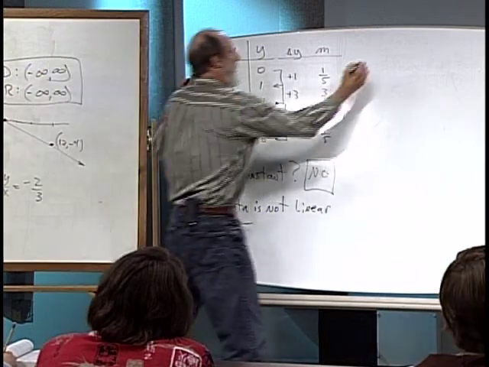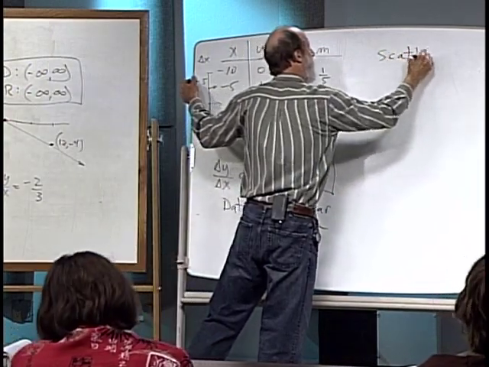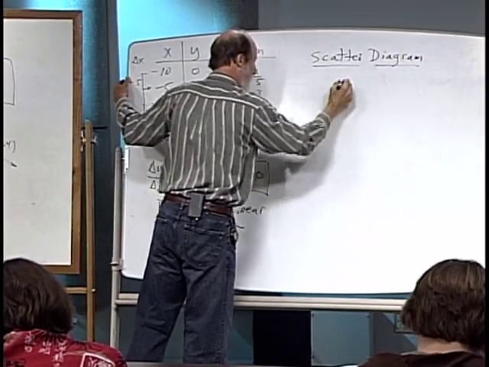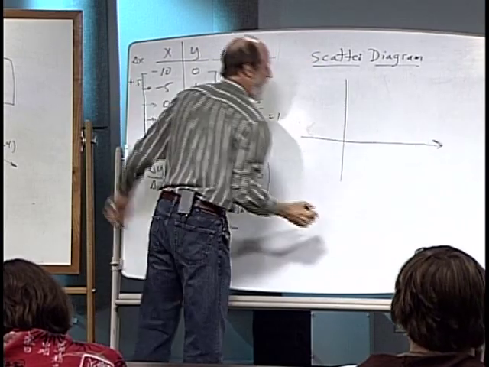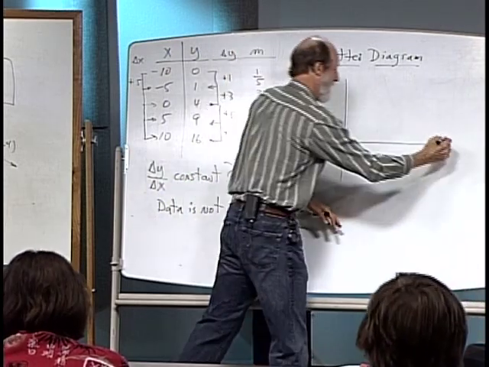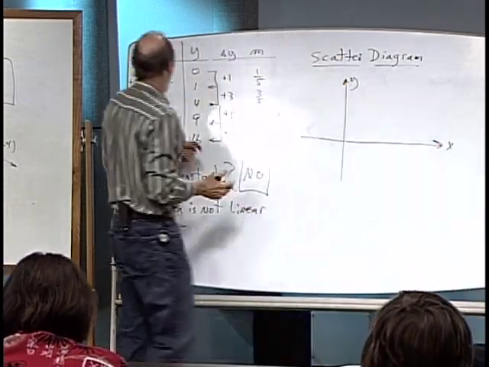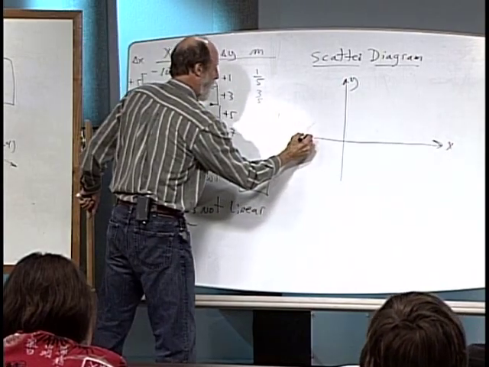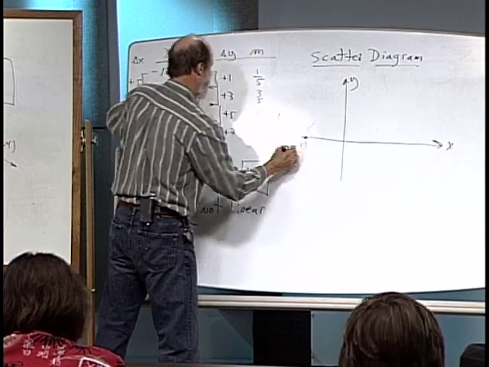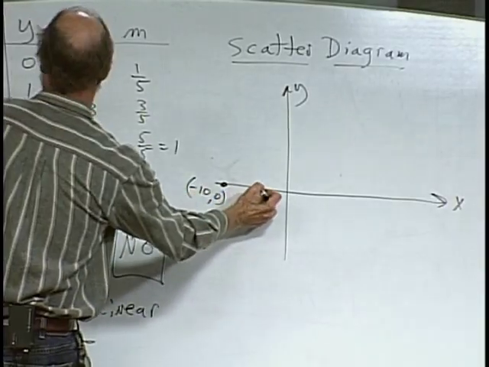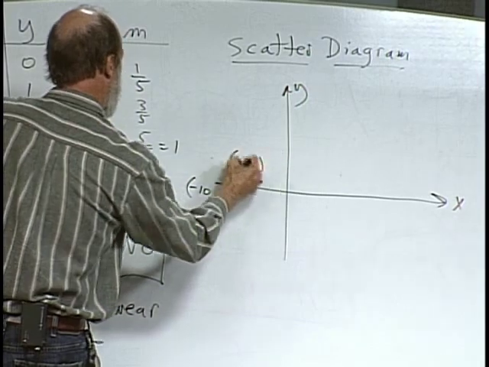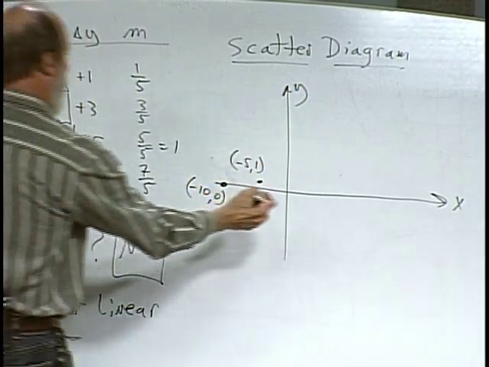So if I built a scatter diagram now by hand, we can do that. And if I can do it here on a whiteboard with no grid, you can certainly do it on graph paper, okay? And so I can plot these data points. At -10, I'm at 0. At -5, I'm at 1. At 0, I'm at 4.